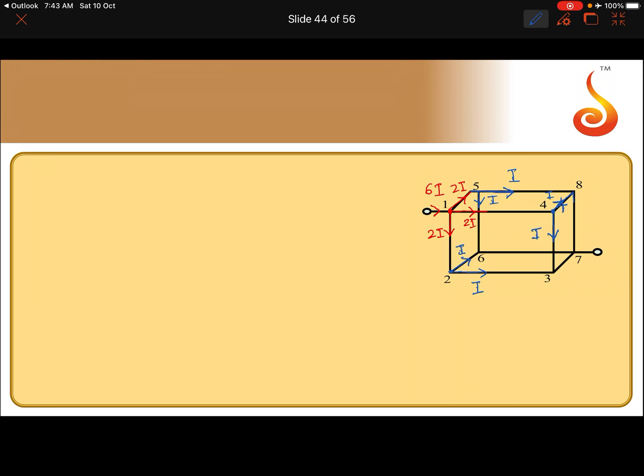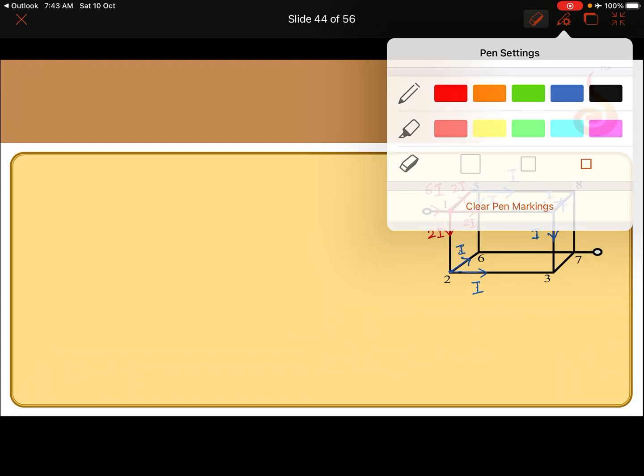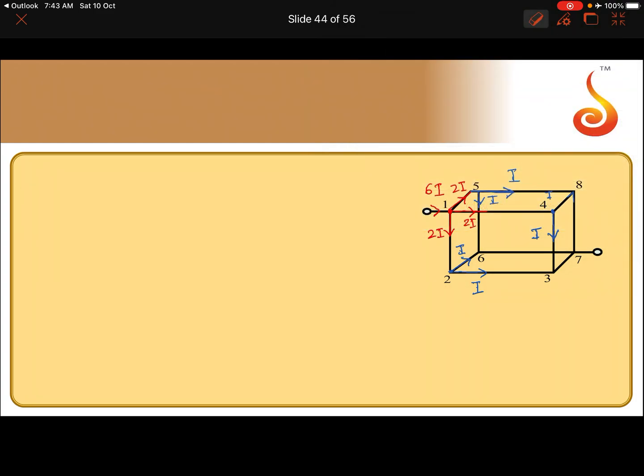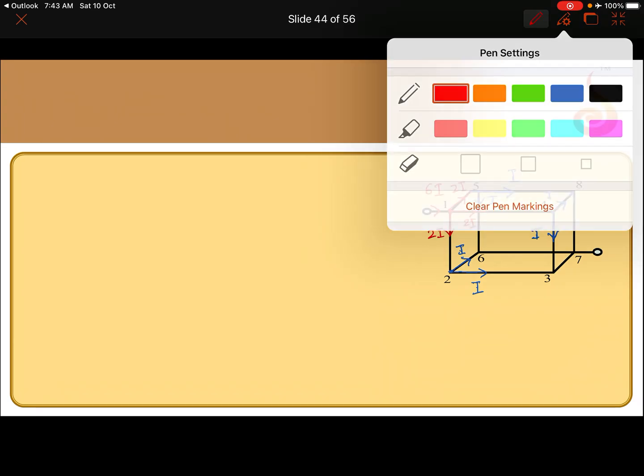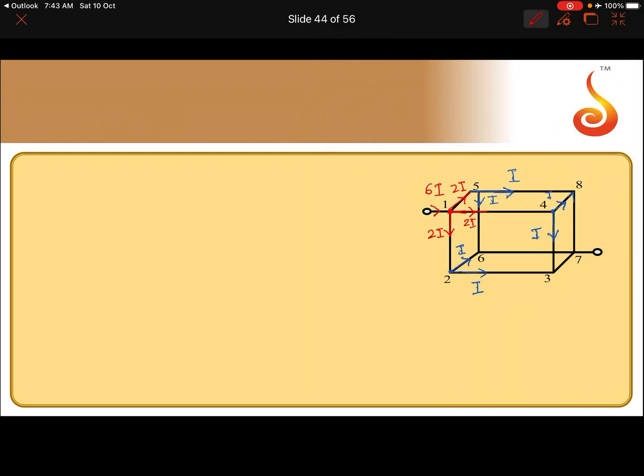Correct? Now, so this 2I flows till 4, this 2I flows till 2.